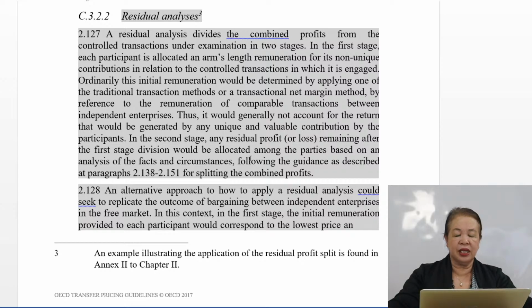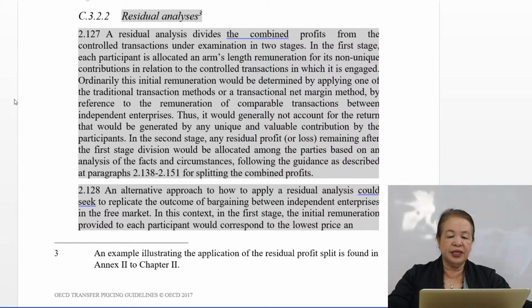Ordinarily, initial lang to kasi may kasunod pa, no? So, ordinarily, this initial remuneration would be determined by applying one of the traditional transaction methods or a transactional net margin method by reference to the remuneration of comparable transactions between independent enterprises. So, we always read down to the independent enterprises, how they deal about that situation or transactions.